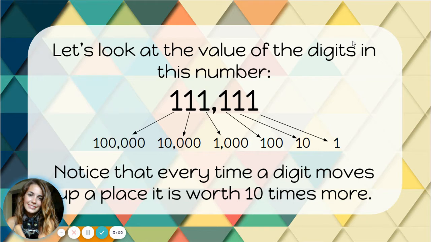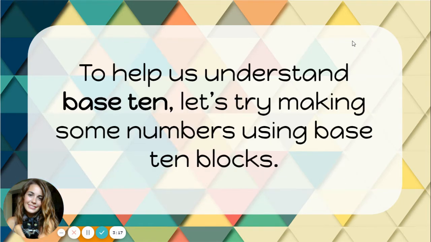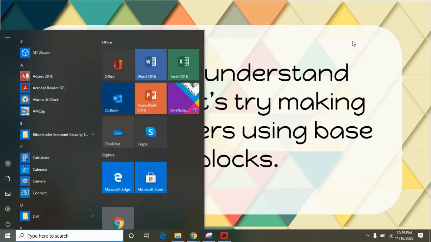And the 1 in the 100,000s place is worth 100,000, which is, of course, worth 10 times more than 10,000. You should be seeing by now why it's called a base 10 number system, because it's all based off the number 10. To help us understand base 10, let's try making some numbers using base 10 blocks.